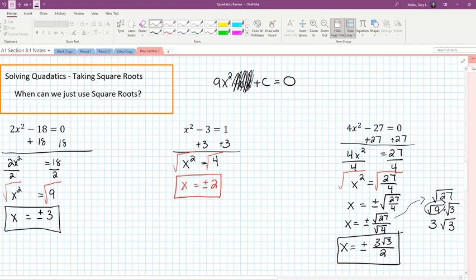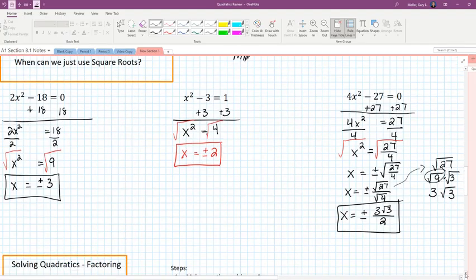And that's that. If we wanted a calculator answer, we could certainly do that and round our answer. So in my calculator, I would simply find the square root of 3, which is approximately 1.732. So if I wanted to go further with this one, which I don't care if you do, you could write x equals positive or negative, and then I would just have to do the math on 3 times 1.732 divided by 2.